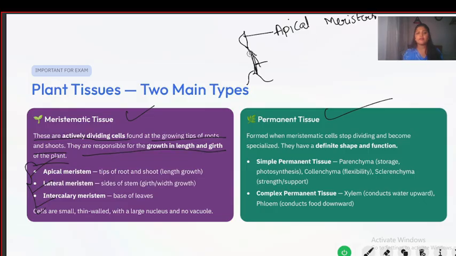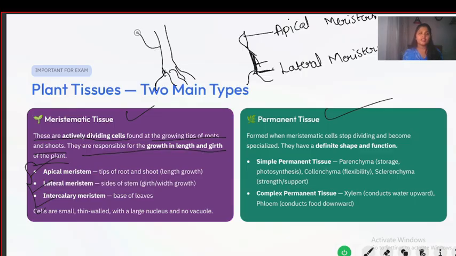Lateral meristem is present at the lower section of the plant. This is a very bad diagram of a plant, apologies for that, but here in the aerial parts, that is the leaves, you will find the apical meristem.